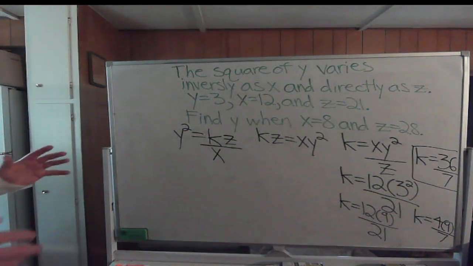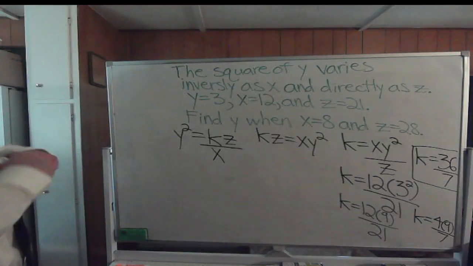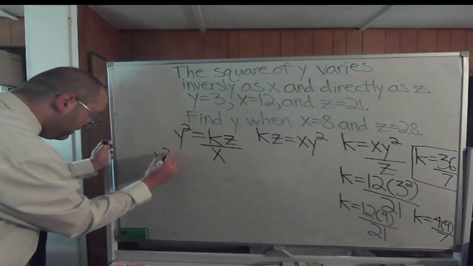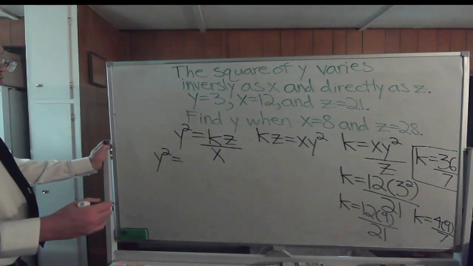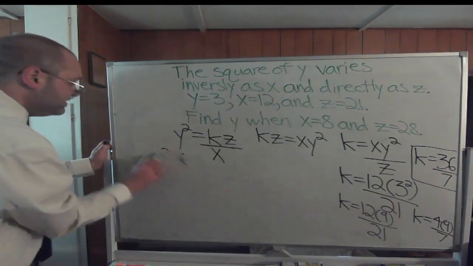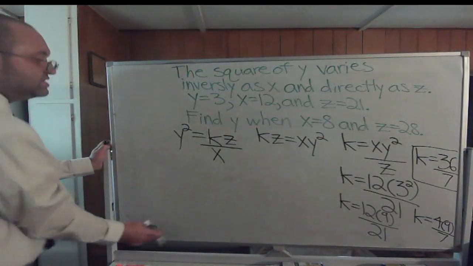Now we need to find the equation of combined variation. You're going to stick with your y squared. That's going to equal, really you can take that as k. Let's move this up some so it's out of the way so I can solve.